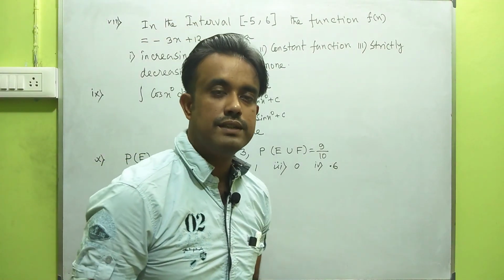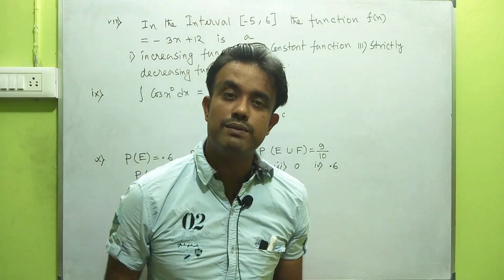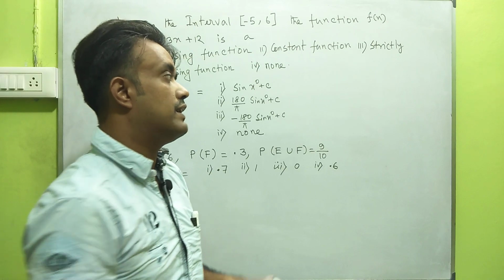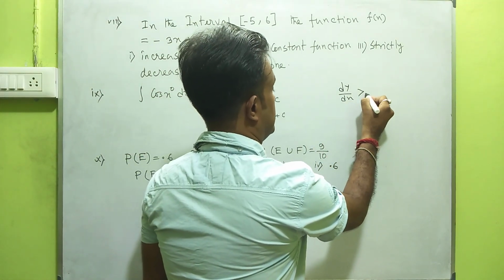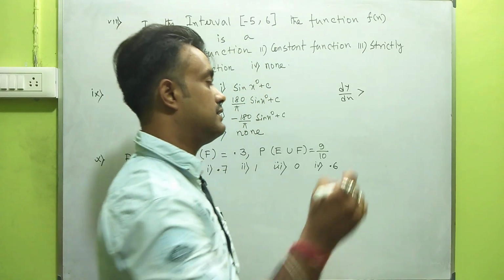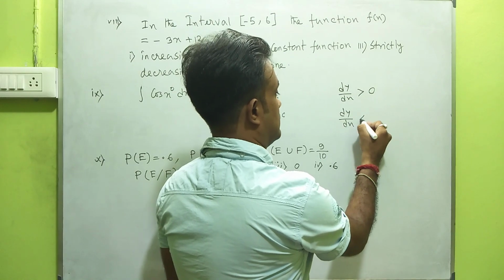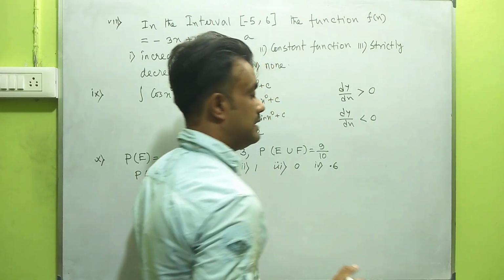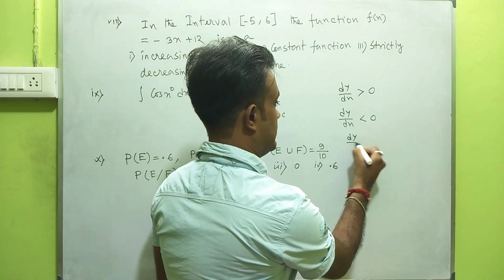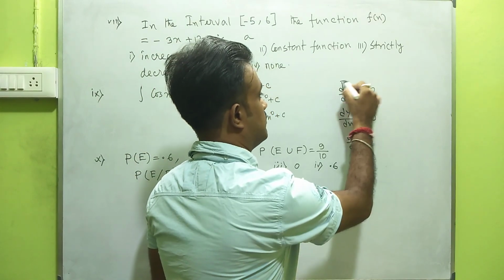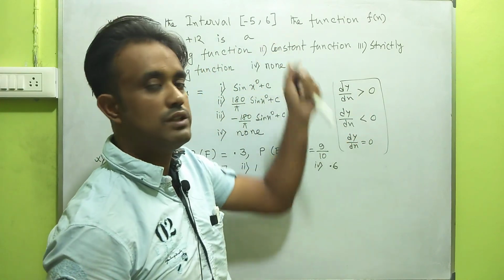So in the application of derivatives, we know that for the strictly increasing function dy/dx is greater than 0, for the strictly decreasing function dy/dx is less than 0, and for a constant function dy/dx is equal to 0. So by applying this concept we will do this sum.